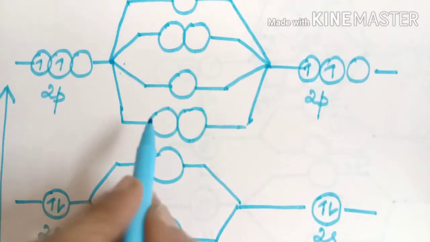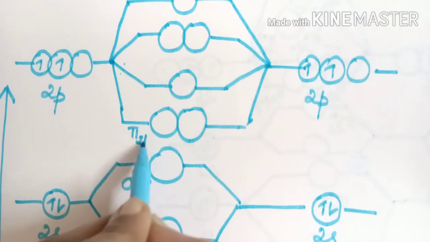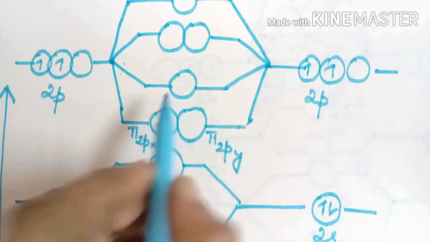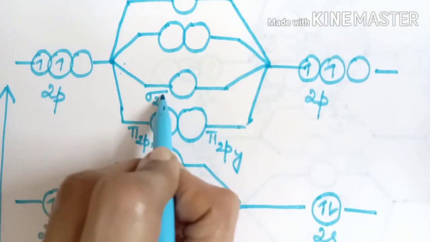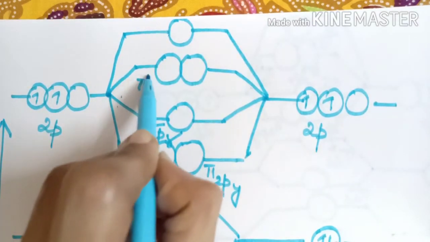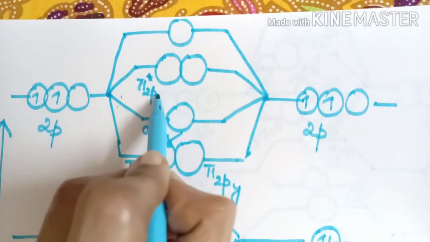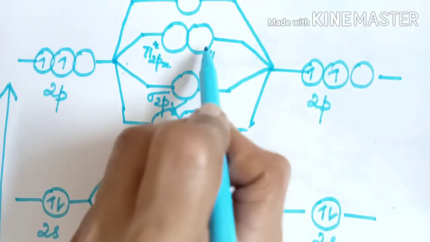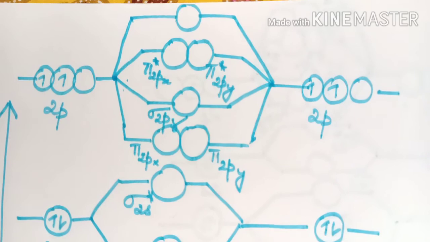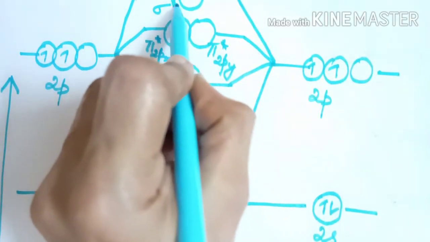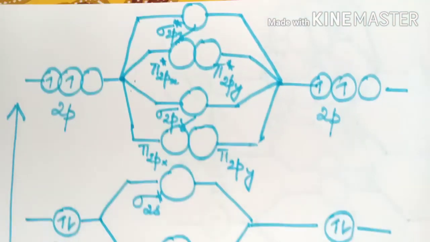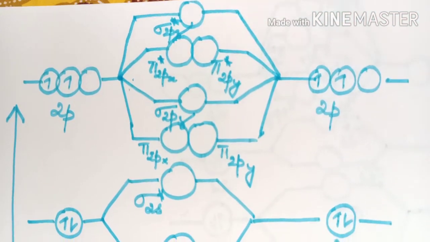This one will be pi 2px, pi 2py. This is sigma 2pz, followed by pi star 2px, pi star 2py, and finally sigma star 2pz. Now we shall fill up the different molecular orbitals.